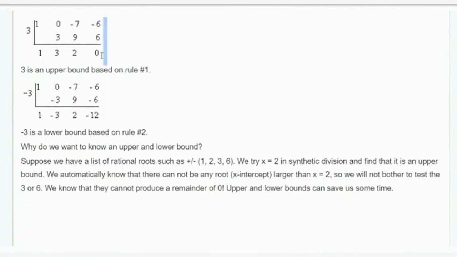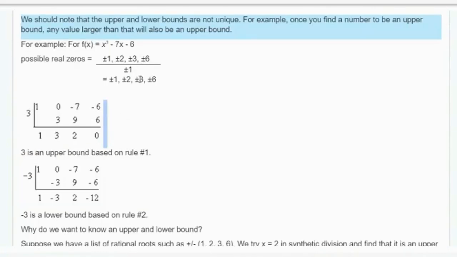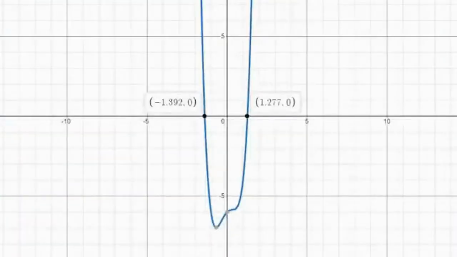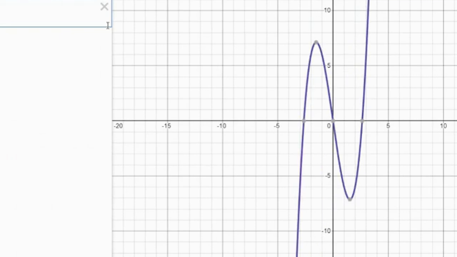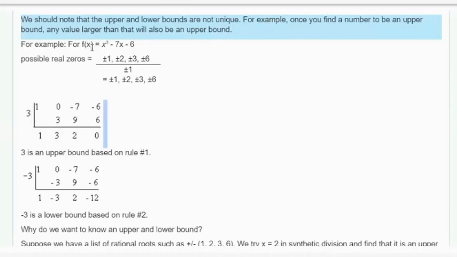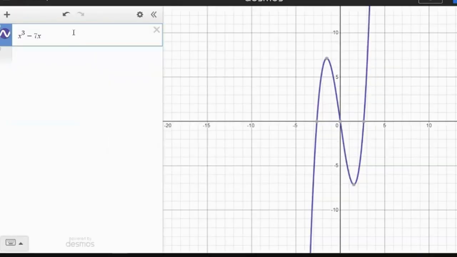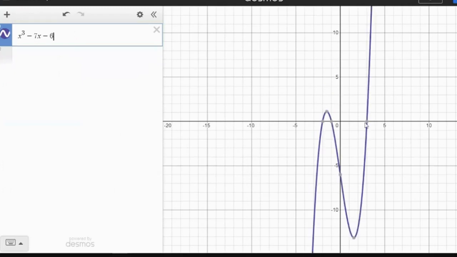3 is a solution. When we graph that, and we can graph that real quick, x to the third minus 7x minus 6, there's that 3. It is a solution. We knew it was a solution because it had no remainder. And -2 and -1 are both solutions.